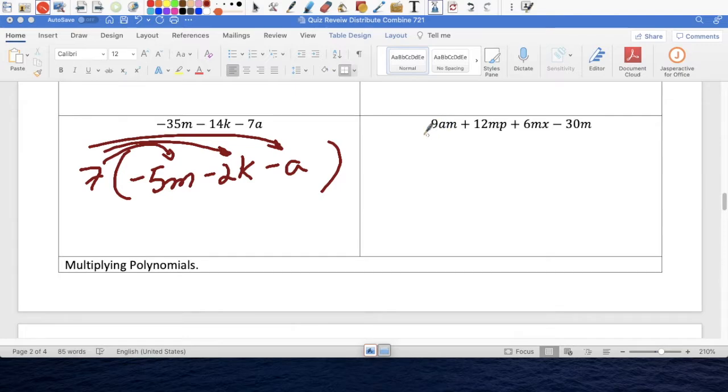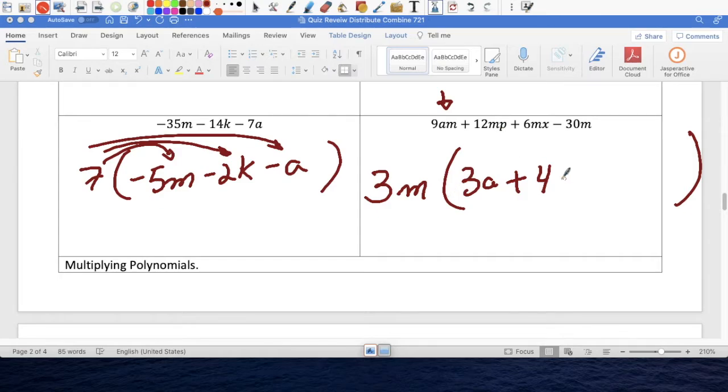So here, 9, 12, 6, and 30. So 3 is the greatest common factor. Do they all share the letter m? Yeah, that's the only thing that they share. So 3m times 3a gives me this, right? 3 times 3 is 9, and then am. Plus 3 times 4 is 12, and then I have to add the p.